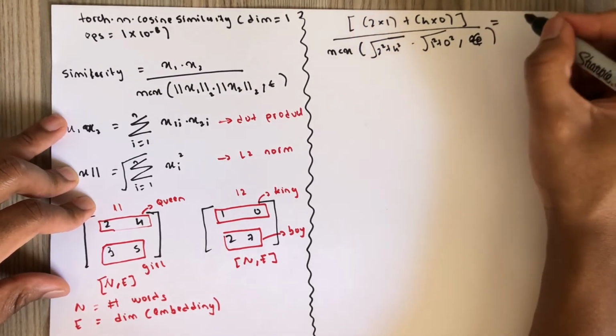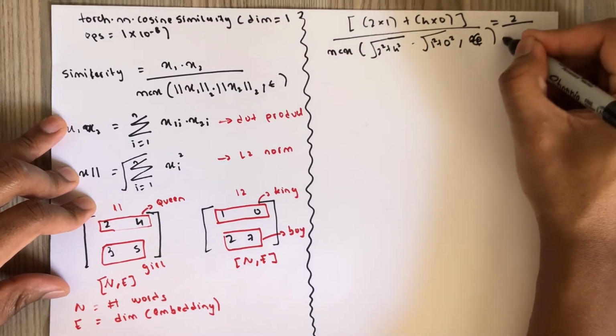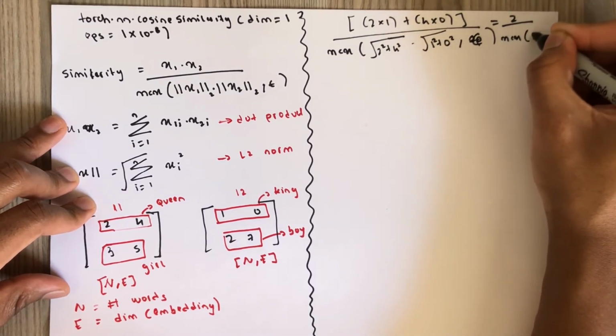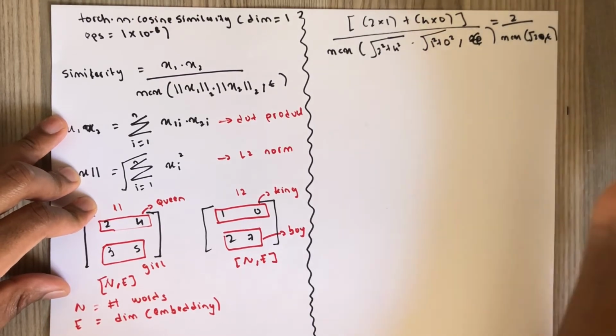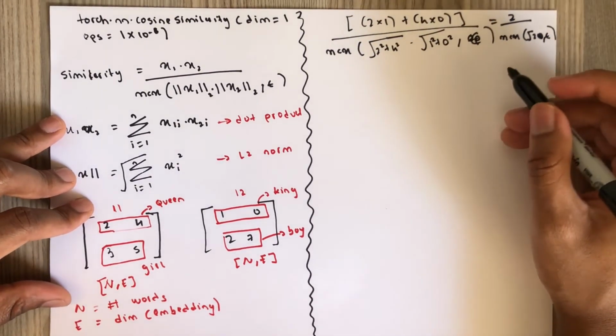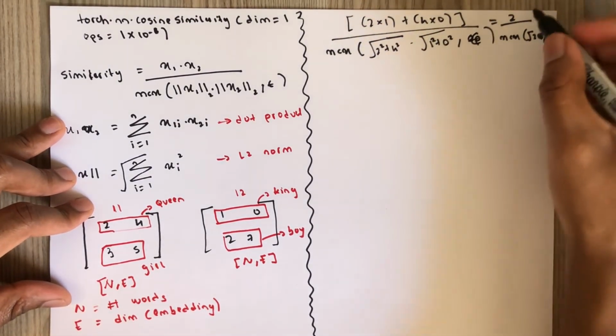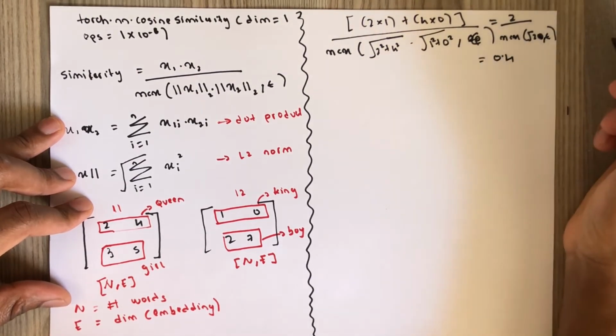And this results in 2 divided by the max of square root of 20 and e. The max of square root of 20 and e is square root of 20. If you divide 2 by square root of 20, you get 0.4.